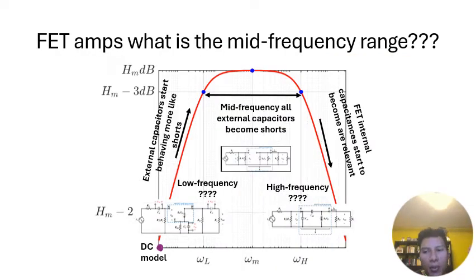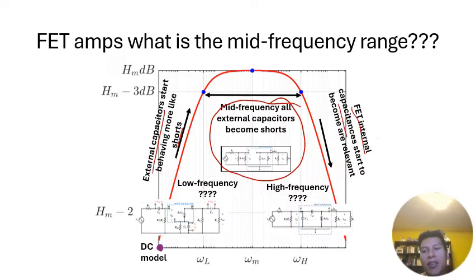Okay, so just to reiterate, we've been looking at this small signal model at the middle frequency, and to do that, we made two assumptions. One was that external capacitors behave as shorts, and MOSFET internal capacitances behave as open.